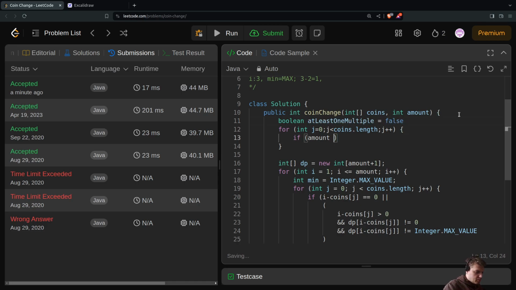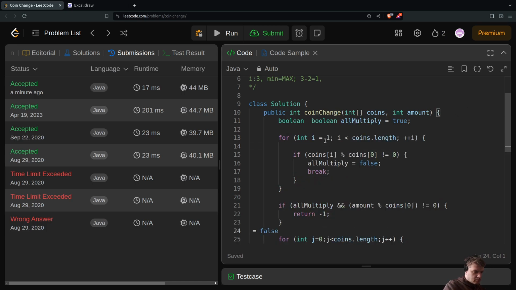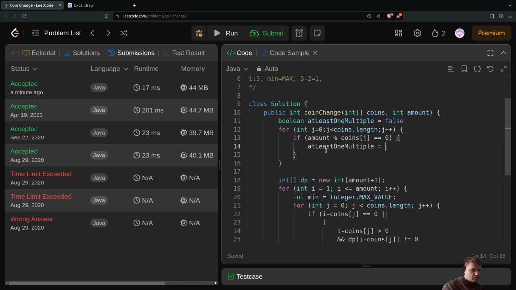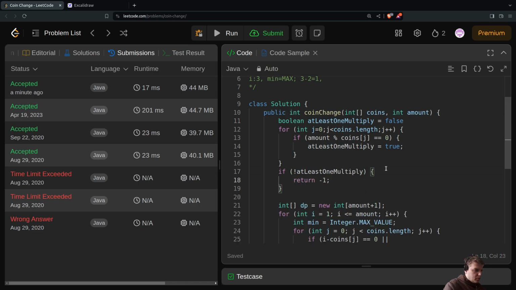If amount over coins length, coins j is equal 0, then at least one multiply is equal true. If not, return -1.